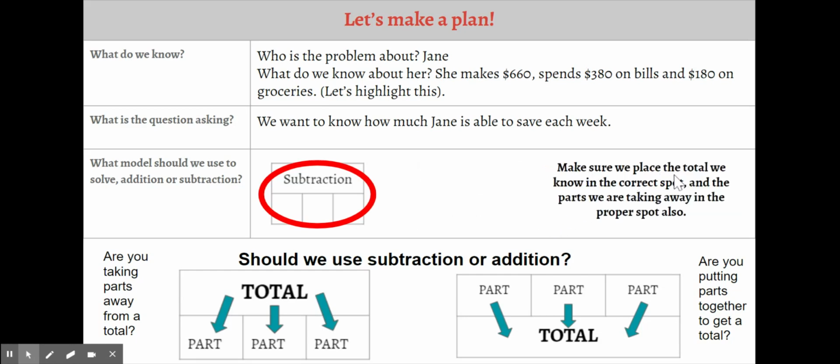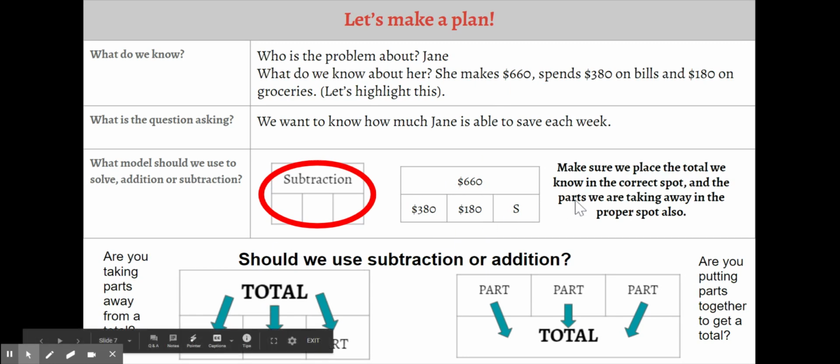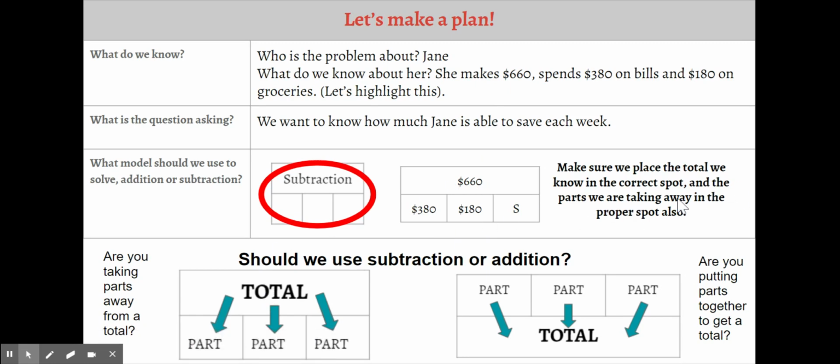To make sure that we put the total we know in the correct spot, let's check. We have 660. That is how much she makes. That was her total. So we're going to put that right here in the total spot. And we're putting the parts in what we are taking away. So we're going to put the 380 that she takes away. She takes away 180 also.